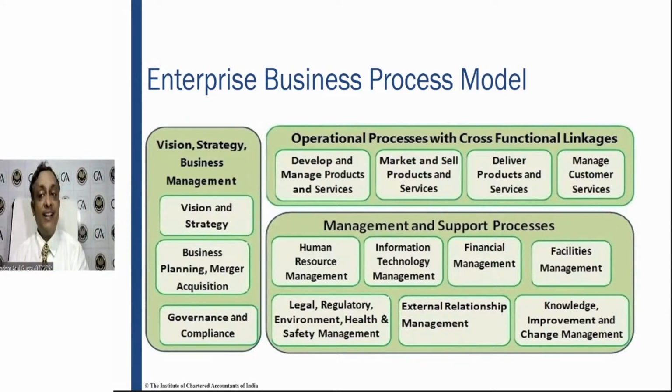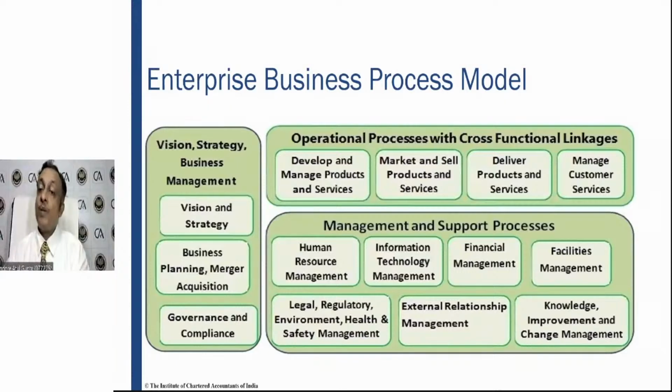So 250, compliance with other laws and regulations; 260, communication with those charged with governance; 265, communication of internal control deficiencies to those charged with governance. So please understand, governance and compliance become a very important aspect for all top management. So that becomes vision, strategy, and business management.